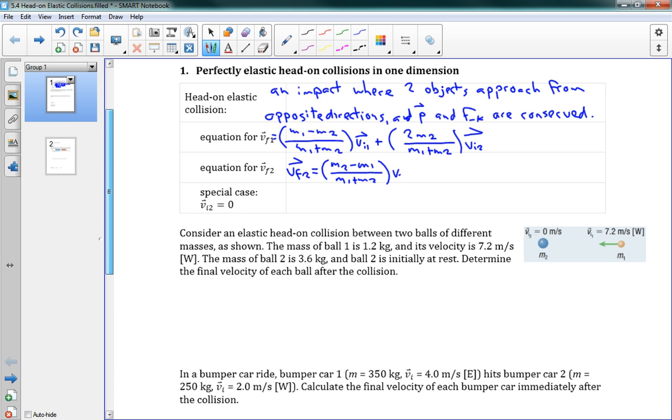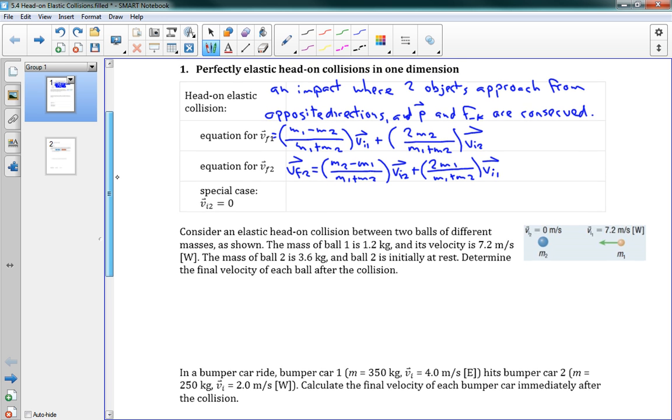Okay, VI2 plus 2M1 over (M1 plus M2) times VI1. Okay, so you can see how all the 1's and 2's just switched there.